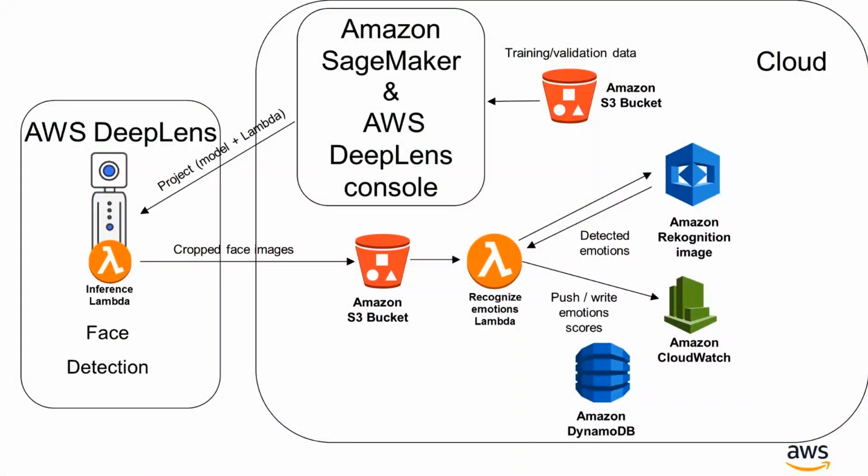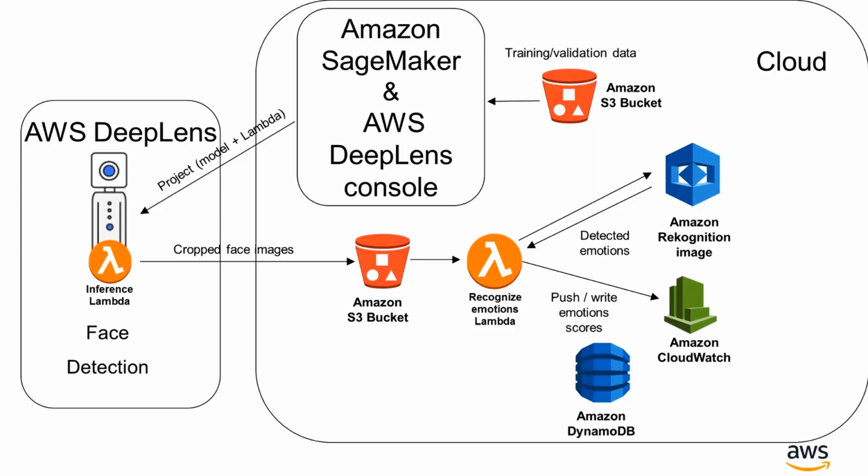So again, our Lambda function before just did local inference, published topics, and streamed out a video. But now we're going to want to do something a bit more in depth. So we're going to augment the original Lambda function and then create a new project with that, and then deploy that project to the DeepLens device. So it's still going to be doing face detection on the edge, but we're going to be doing different things with the faces.